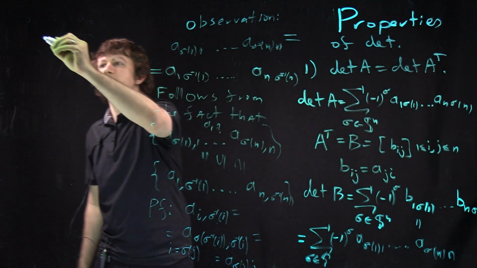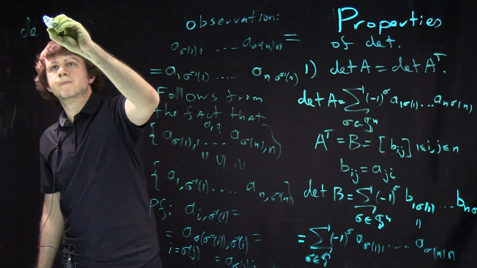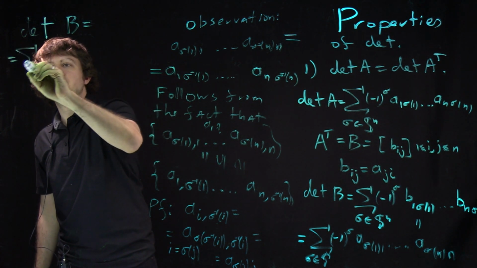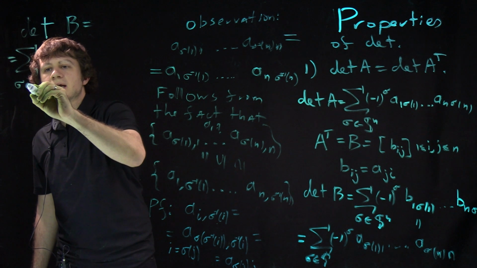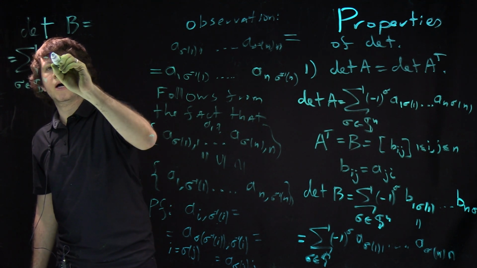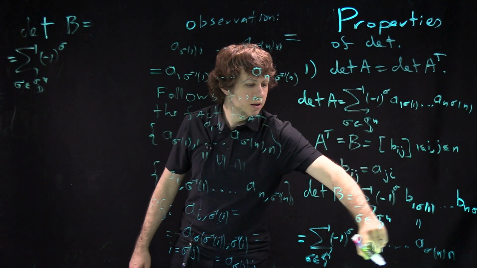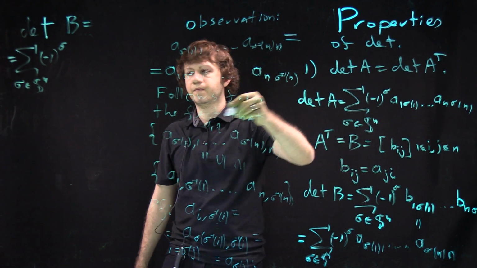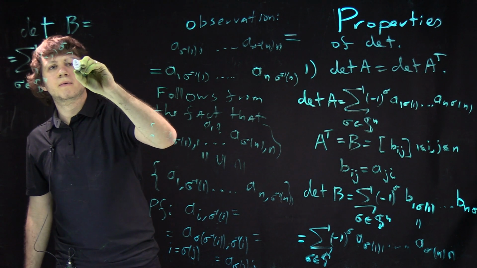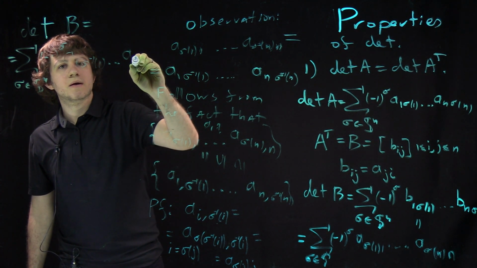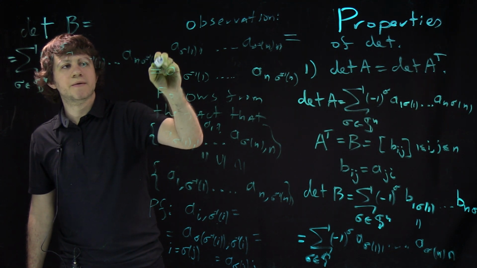And so it means that the determinant of B equals the sum over sigma in Sn of minus 1 to the power sigma. And then we just write, instead of this monomial, A1 sigma inverse of 1 up to An sigma inverse of n.